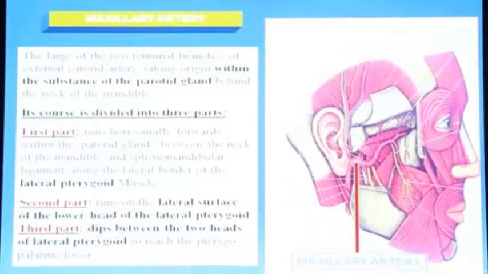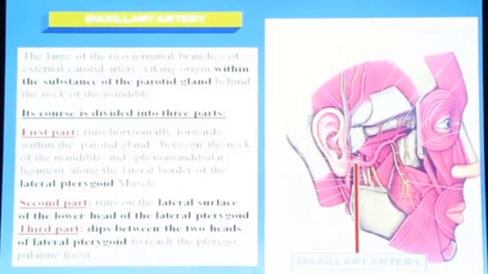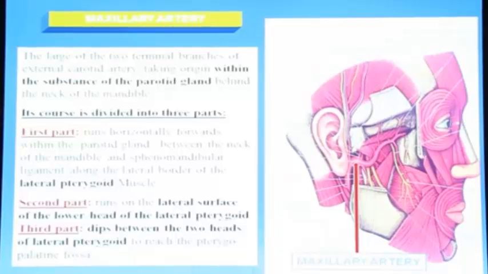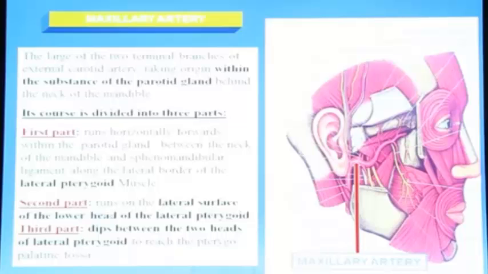The maxillary artery has three parts: first, second, and third. The first part runs horizontally forwards within the parotid gland, between the neck of the mandible and the sphenomandibular ligament, along the lower border of the lateral pterygoid muscle. The second part runs on the lateral surface of the lower head of the lateral pterygoid muscle of mastication.